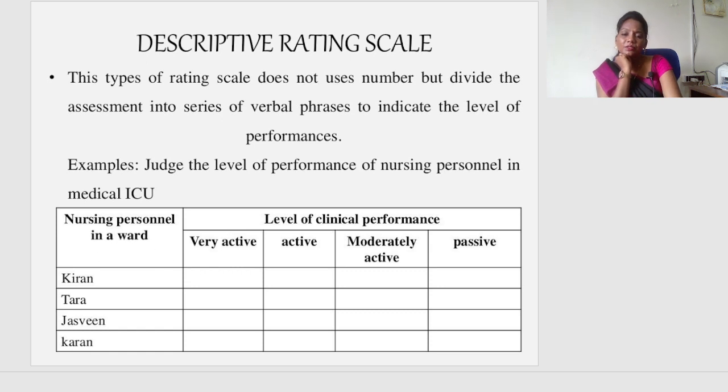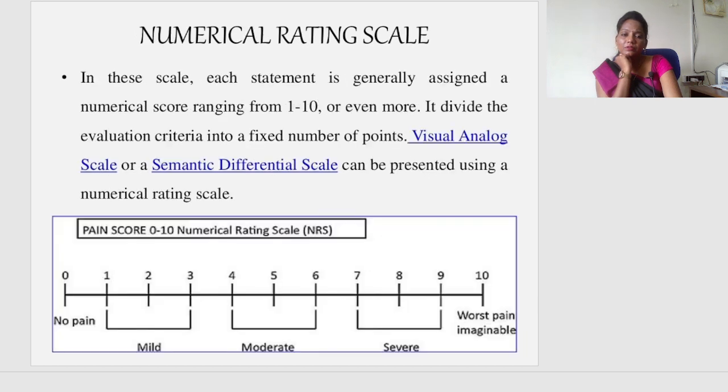Then numerical rating scales means the visual analog scale or semantic differential scale, which I have already explained. When you speak about the pain scale, it is numerical, meaning numbering. So here the scale is based on numbers only. If they say severe pain, how much? If they say one number, what is the category, like that.